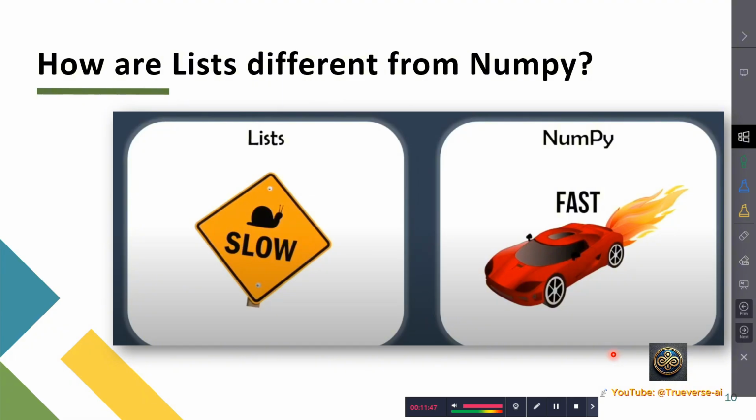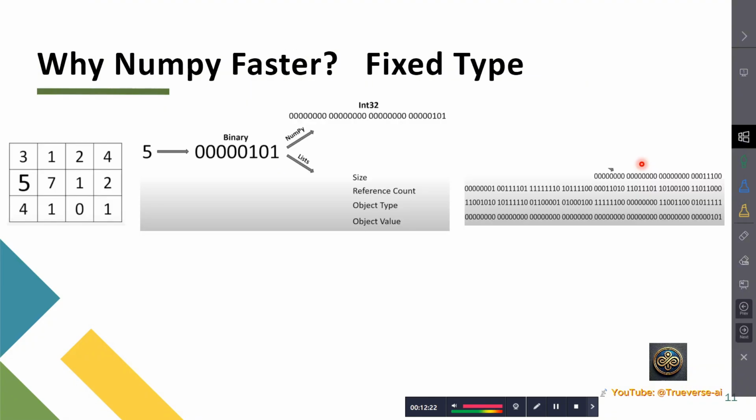There is one question. Beginners say that NumPy is similar to a list. What is the difference between a list and NumPy? The biggest difference is that a list is slow and NumPy is fast in processing. Why? For the reason we are going to explain. Suppose you consider one cell of the matrix.